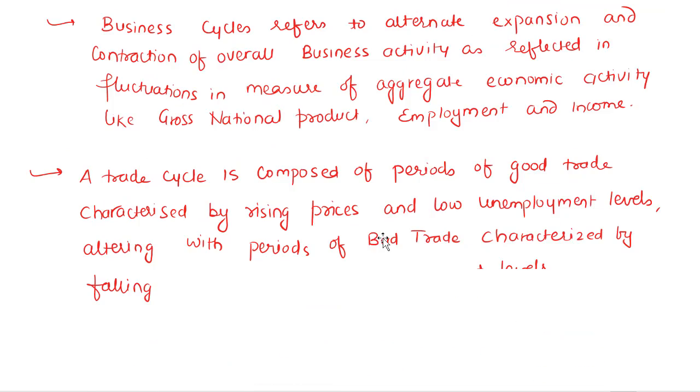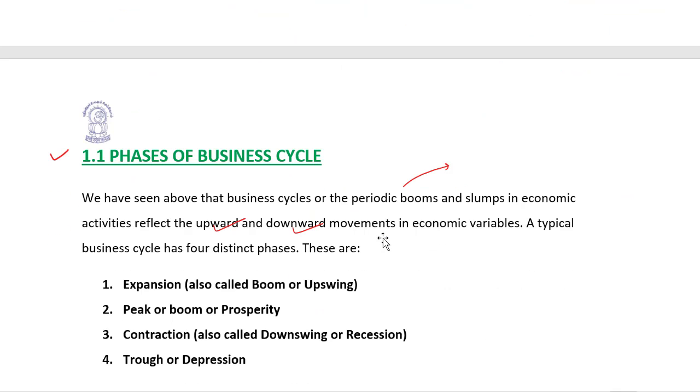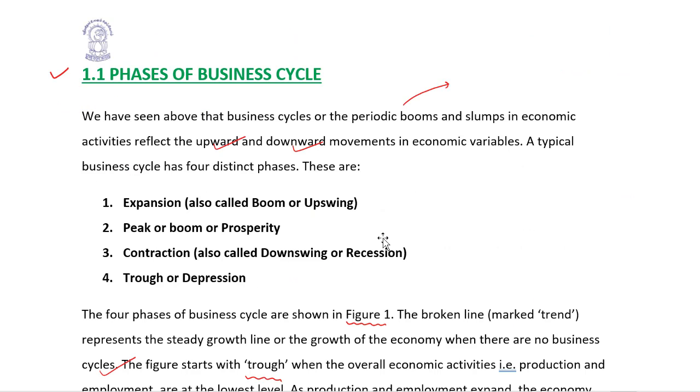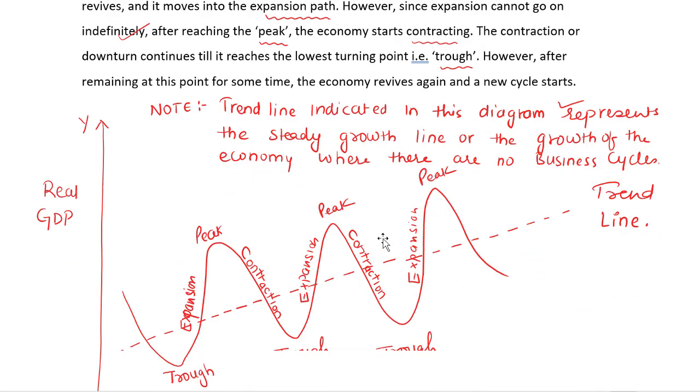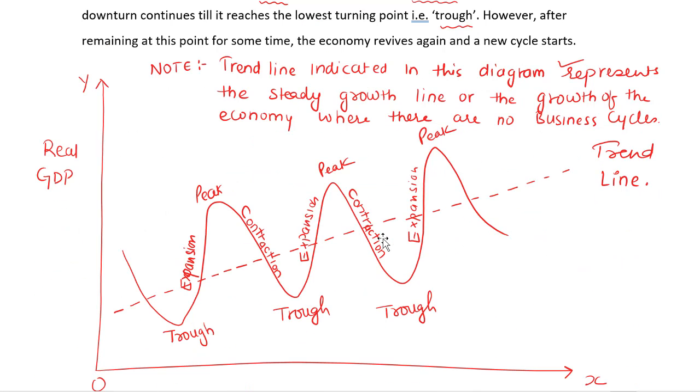Then we shifted to the phases of business cycles. So there are 4 business cycle phases. The first is expansion, the second is boom or peak, the third phase is contraction, and the fourth phase is depression. We have seen the graphical representation.